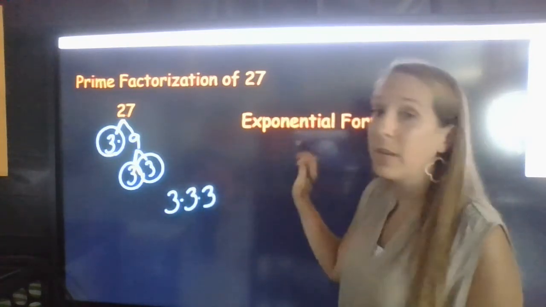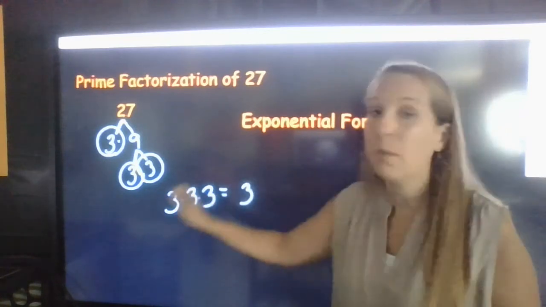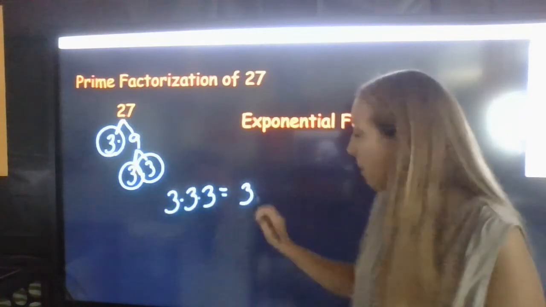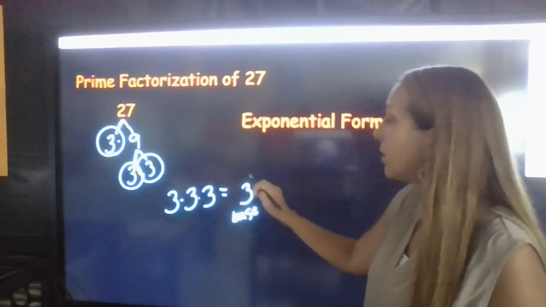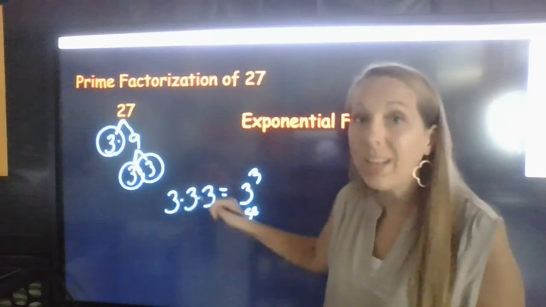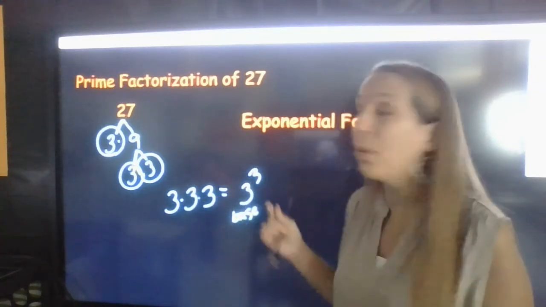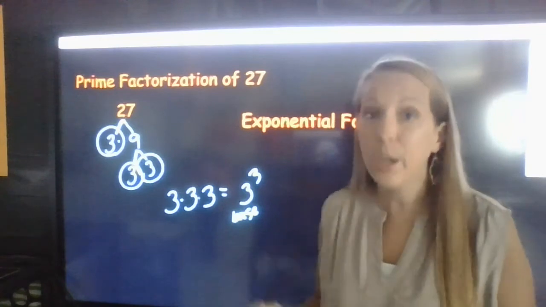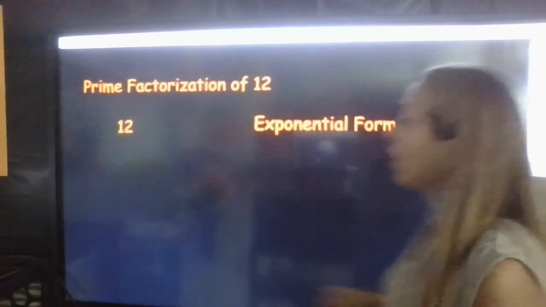In exponential form, it's going to be a base of 3 because we are multiplying 3 repetitively. This is our base. And then our exponent is going to be 3 as well because we have three 3's being multiplied. So 3 to the 3rd power, or we also can call that 3 cubed, is going to be 27.